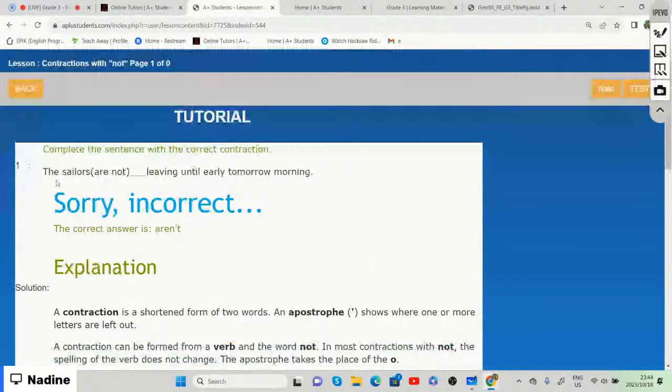For example, the sailors are not leaving until early tomorrow morning. Are not. How are we going to write that with the correct contraction? We need to write the contraction of are not.